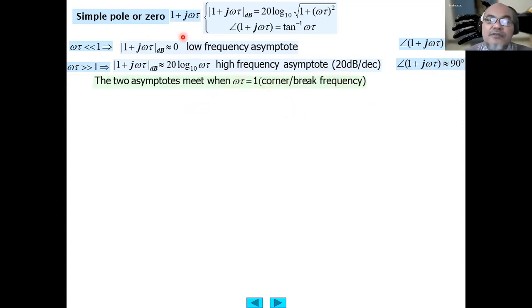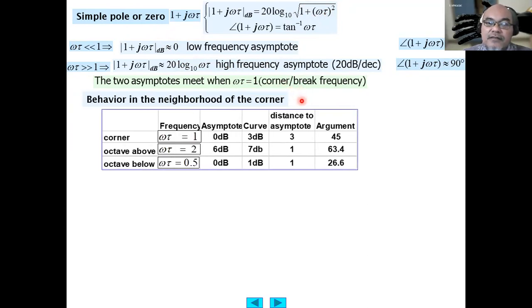So the two asymptotes, 0 as well as 20 log omega tau, will meet when omega tau equals 1. 1 squared is 1, 1 plus 1 is 2, square root of 2. So this is the corner break frequency.